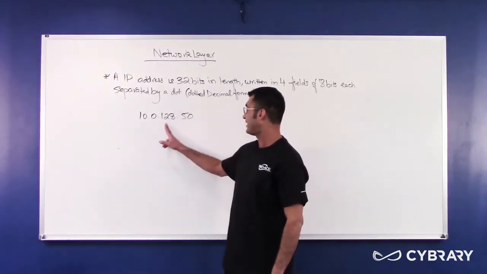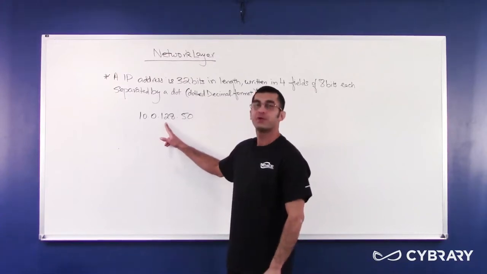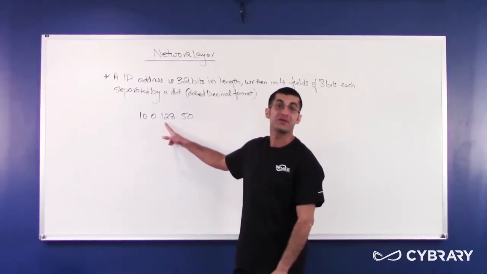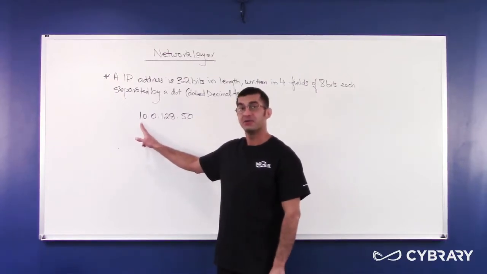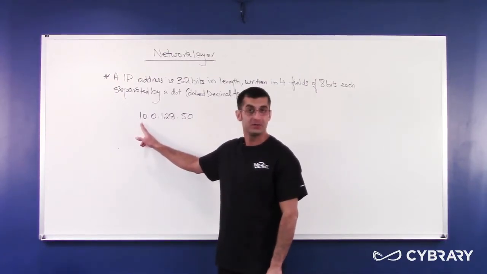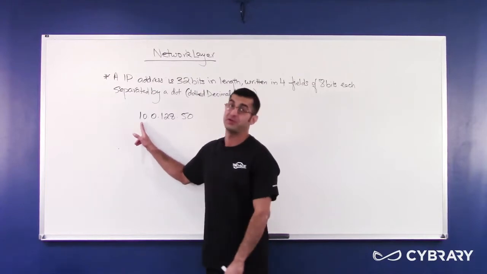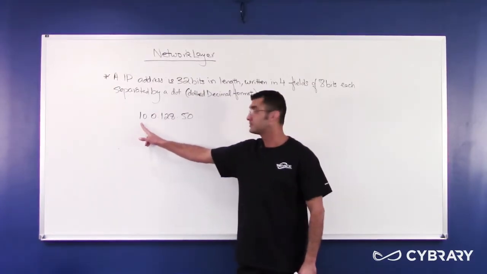So for example, over here, only the 128-bit value is turned on and the rest of them are off. On the first octet, the 8-bit value and the 2-bit value are turned on, and the rest of them are turned off because 8 plus 2 is 10.